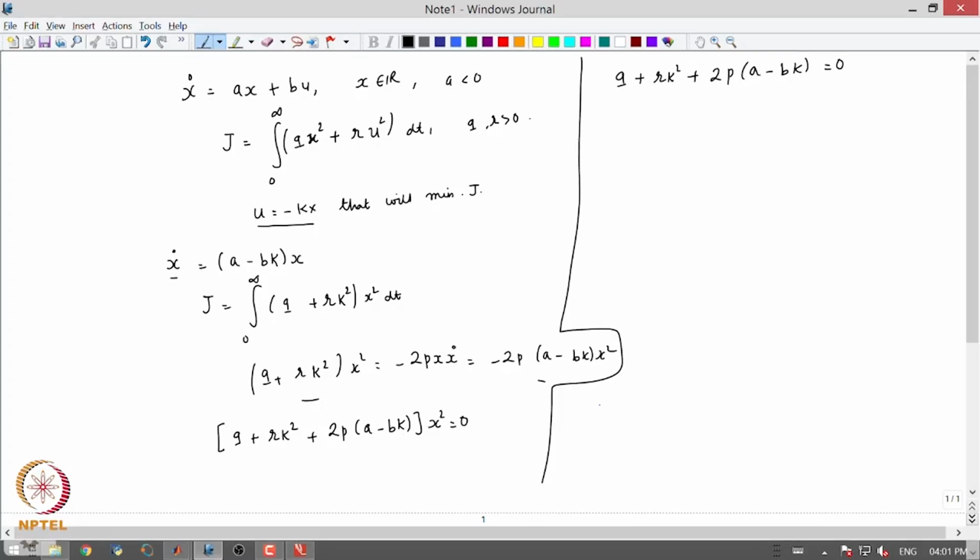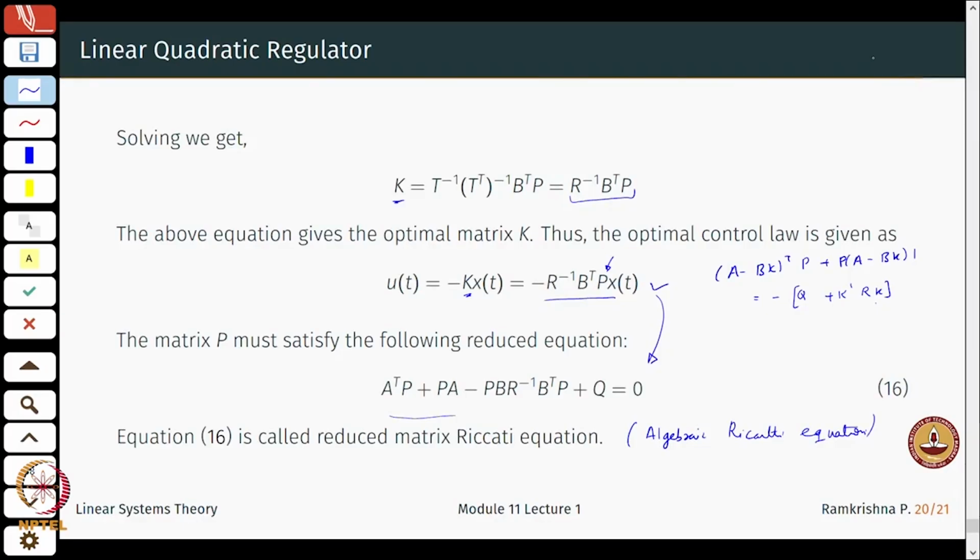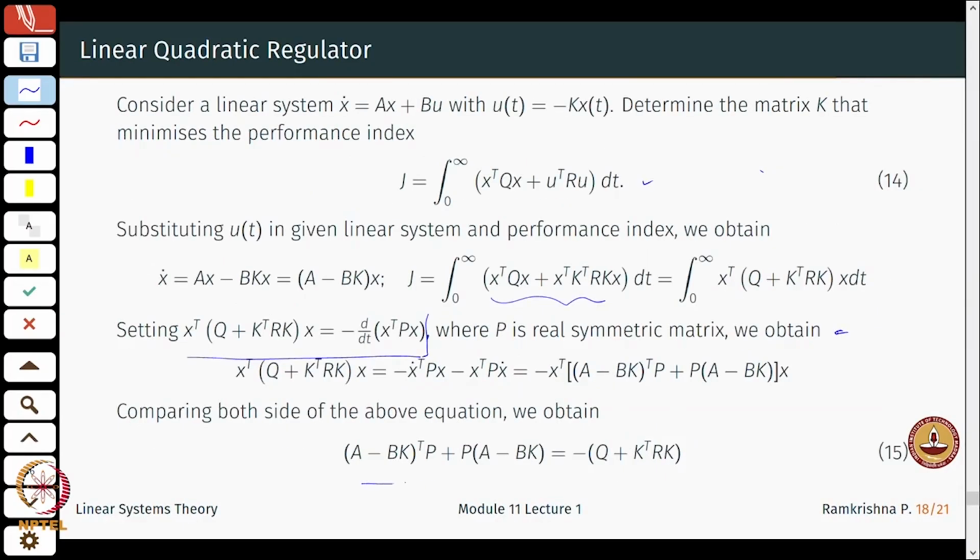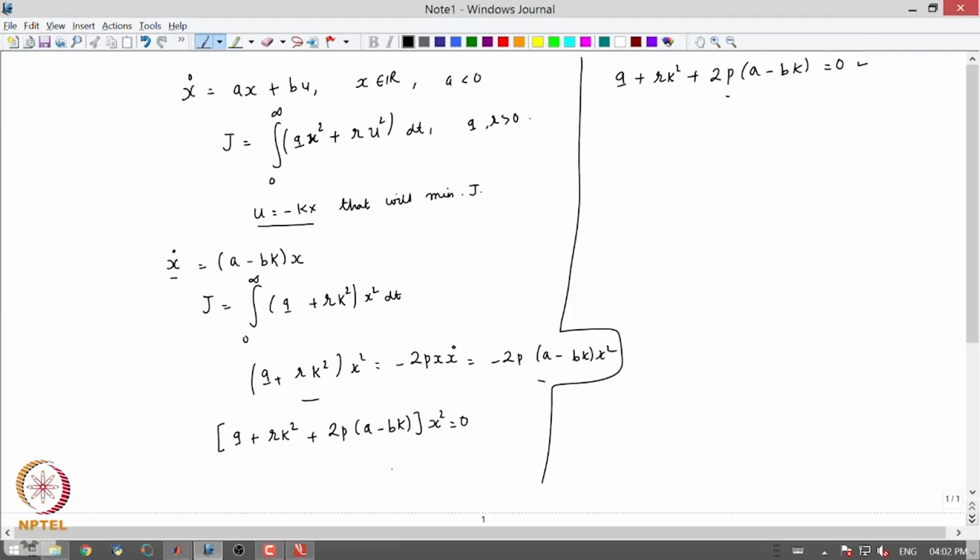Right. Okay. So what is the objective now? One more step: if I look at this equation, I can also write it equivalently as a Lyapunov equation for a closed loop system, right. So when is a closed loop system stable? If we just look at the standard Lyapunov equation for stability, if there is any Q which is symmetric and positive definite, for which I can find a symmetric positive definite solution to this Lyapunov equation, then my system is asymptotically stable.